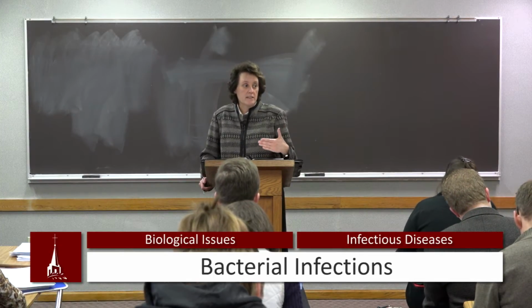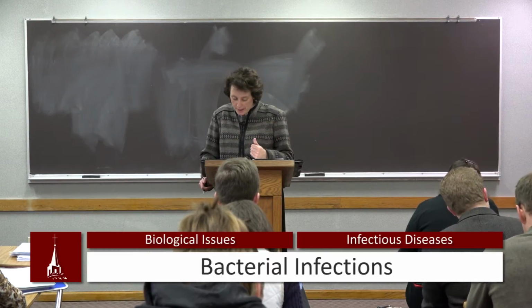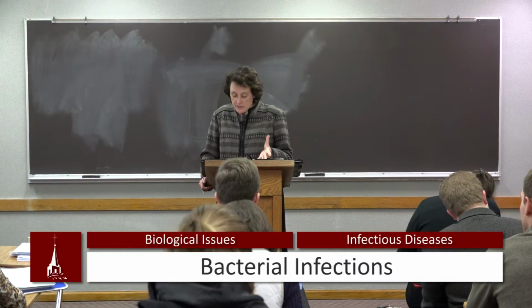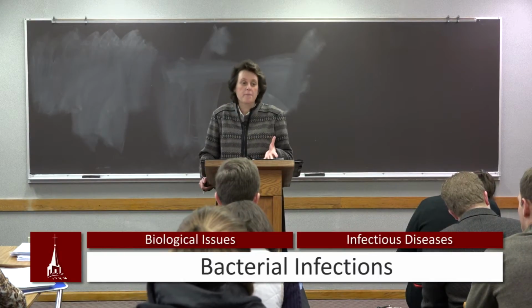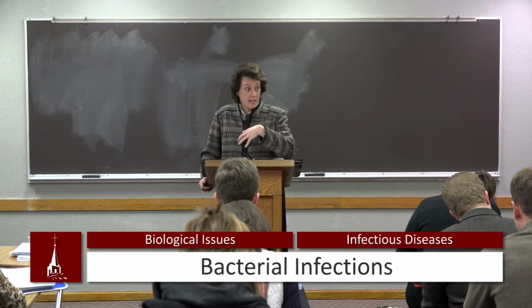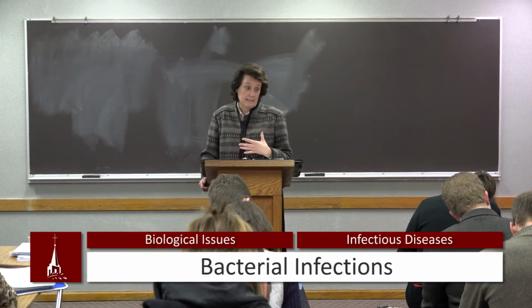So the skin is the first line of defense, as we talked about the other day. They can't penetrate skin, so most of the time your bacterial infections are going to come from your respiratory tract, you inhaled it, or your digestive tract, you ate it.